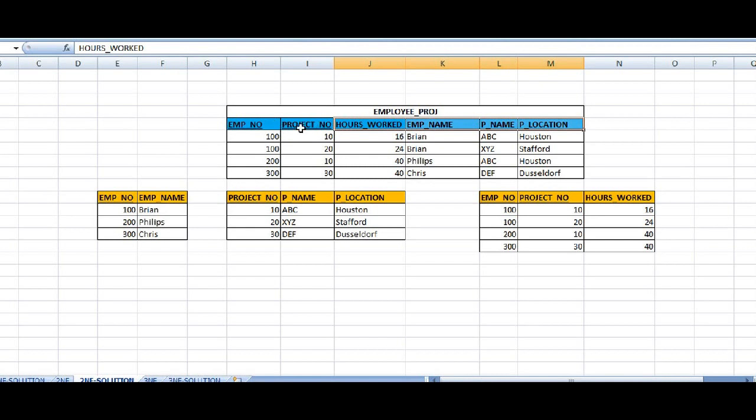Just like I have also done. First I analyzed the dependency of hours worked on the primary key. Then I analyzed the dependency of employee name, then project name, and so on. So it would be much easier to understand and get an idea how I can split the table so that it becomes 2NF compliant.